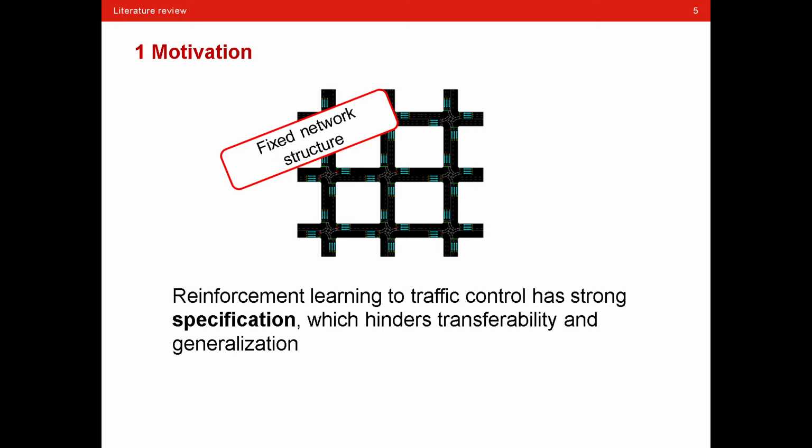Most literature on traffic control with reinforcement learning nowadays only trains the engine to control the traffic signal in a fixed traffic network. When this engine is applied in another network, it has to be trained another time, so the transferability is limited. That's what this paper wants to solve.